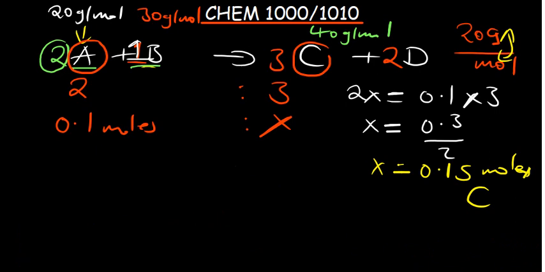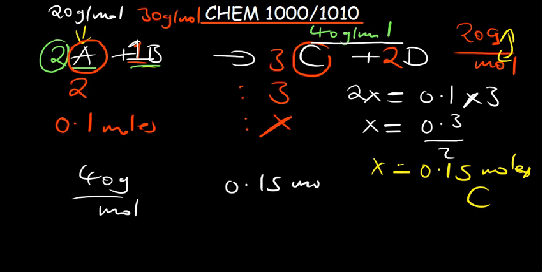So I'm sure we now have 40 grams per mole, and we have 0.15 moles. We want to find the mass. So you can just multiply these so that the number of moles can divide and remain with the grams on top here. What are we going to have? 6 grams of C. Is there any question there?